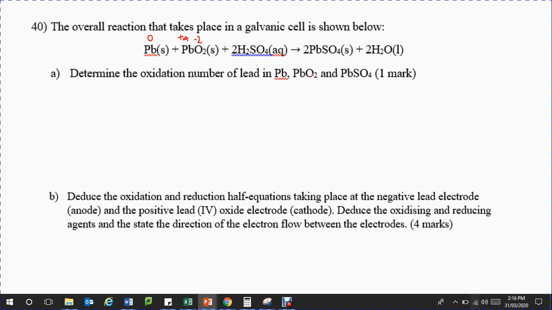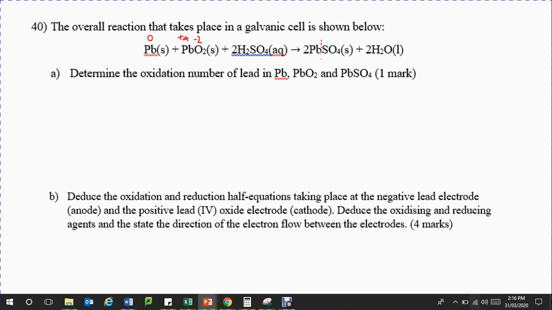So we've done lead oxide, and we've got lead sulfate. Again, this was where a few people got tricked up. If you split this, it's an ionic compound.